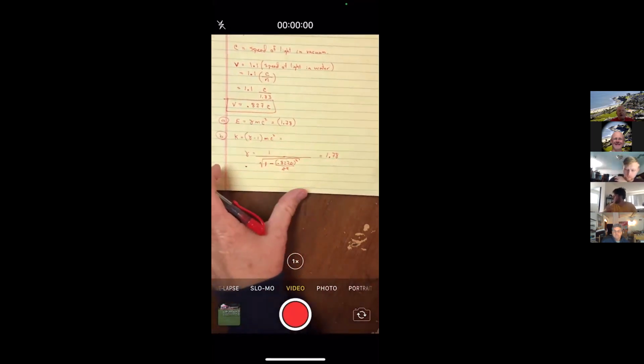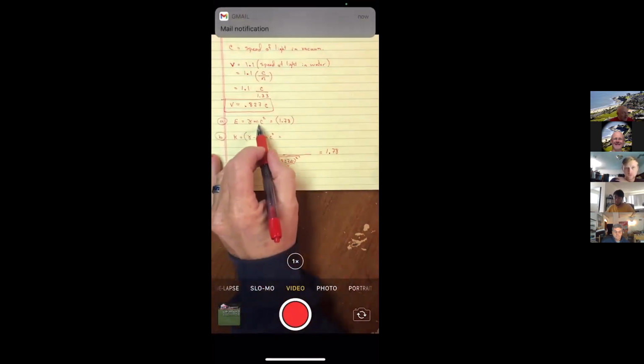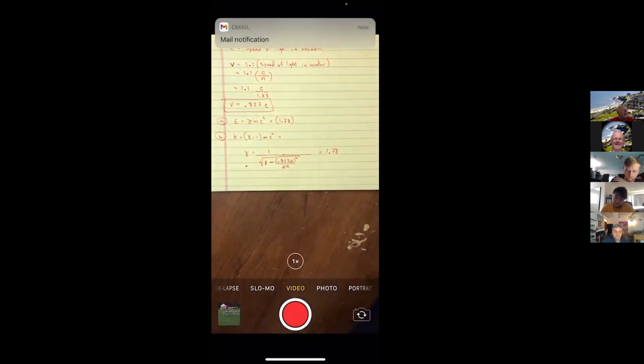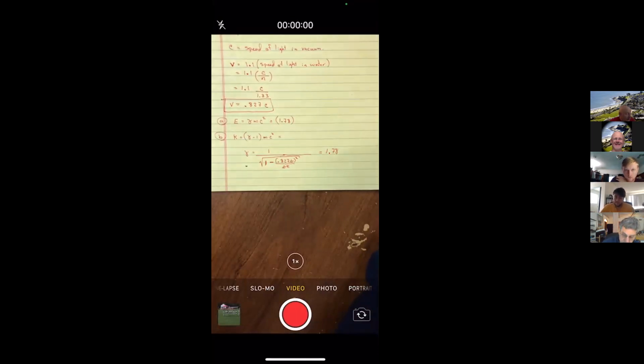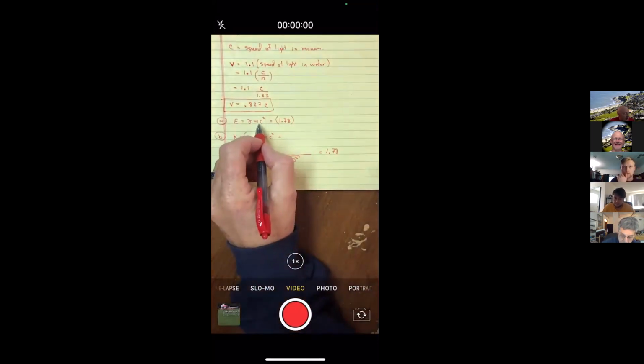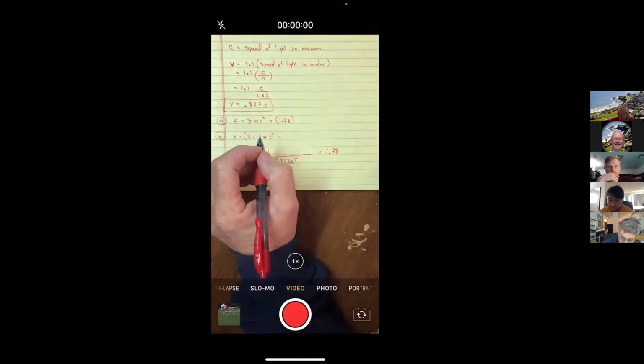And here I have an interesting choice, this mc squared. If we wanted to do it in joules, we could, because we know the mass in kilograms, and maybe I'll do that also.